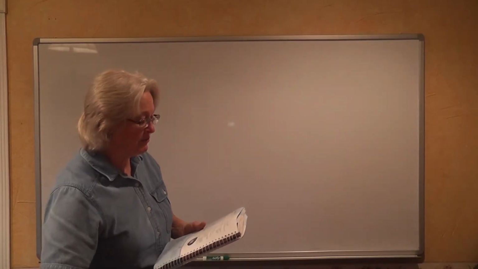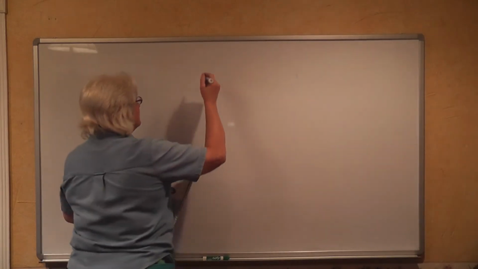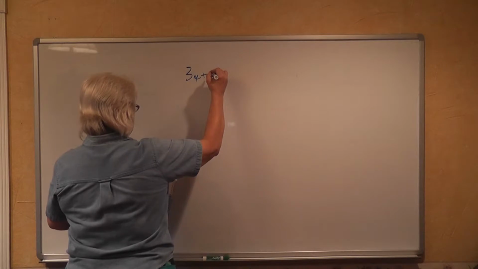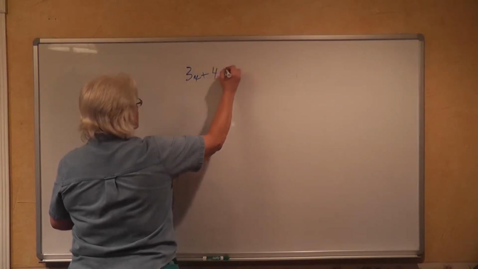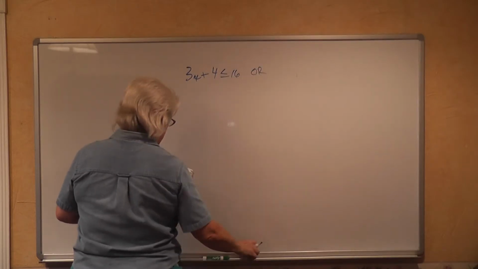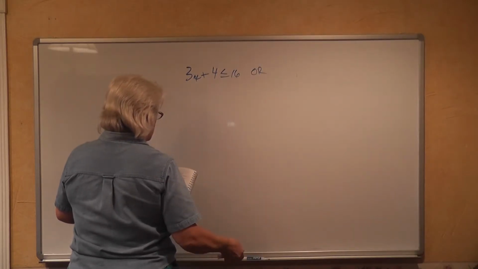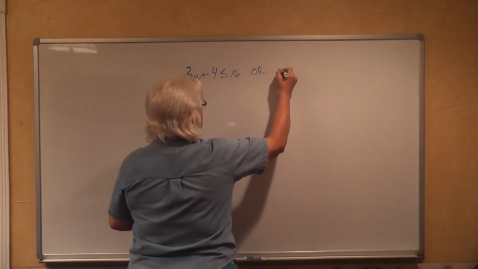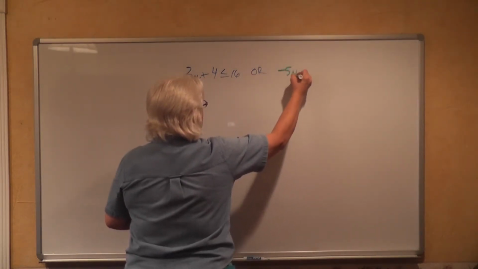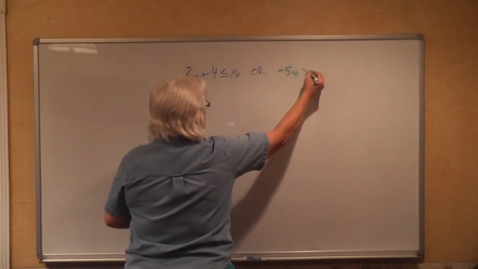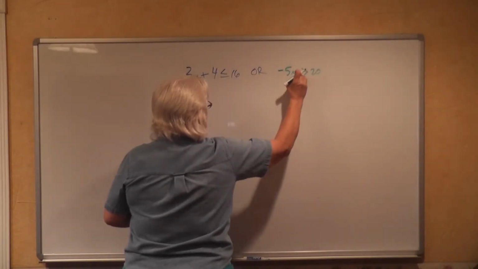And we have 3x plus 4 is less than or equal to 16, or negative 5x is greater than 20.